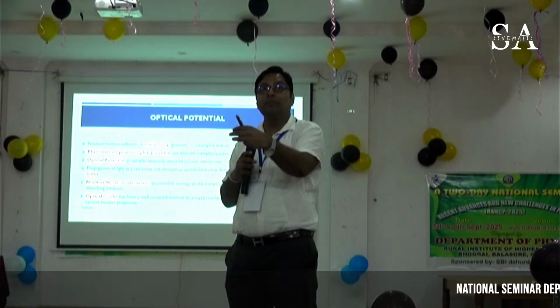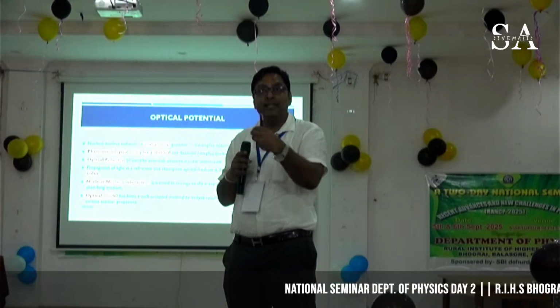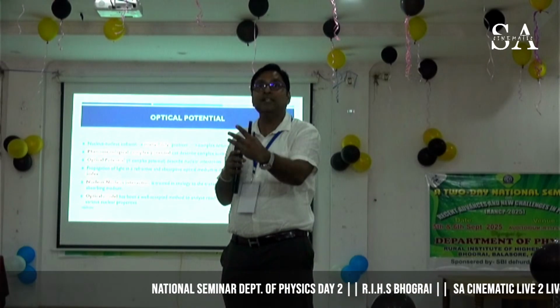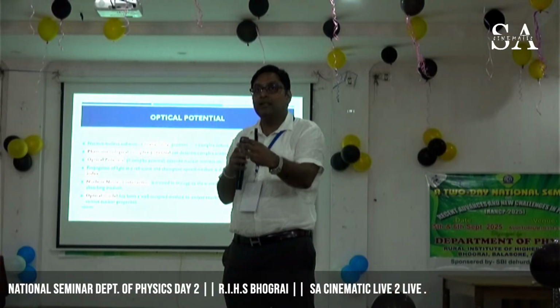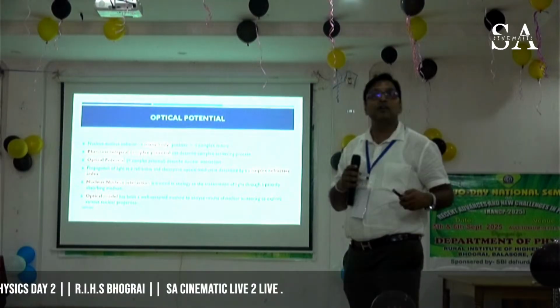If the medium is treated as complex, then it leads to absorption of the ray. In a similar fashion, we are considering the potential to be complex, and when the beam enters that region, it leads to absorption. So that is why this potential is named the optical potential.